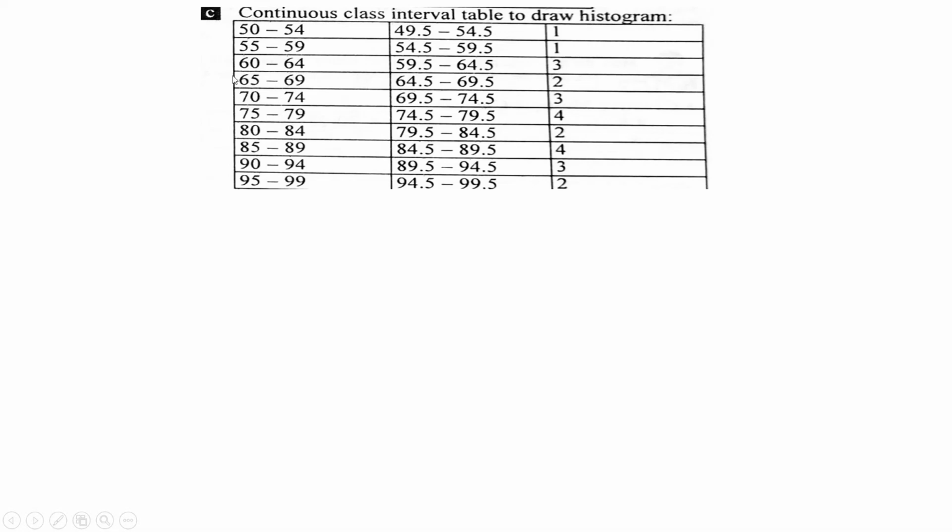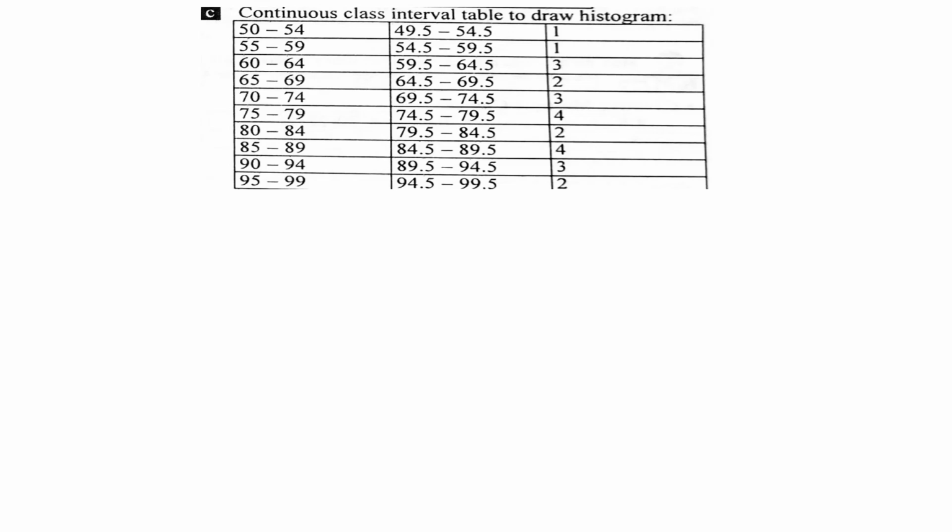This is the class interval and this column is for the continuous class interval. To make a continuous class interval, subtract 0.5 from the lower number of a class and add 0.5 to the highest number of a class. Then the continuous interval will be made.